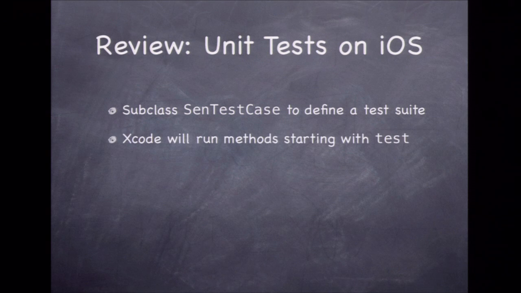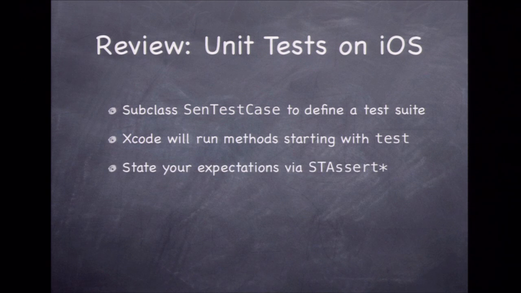And then for every unit test you want to define, you make a method that starts with test. You can make these methods really short, really sweet. And the unit testing framework will run all of the methods in your SenTestCase subclasses which start with the word test. Pretty simple. And in those methods, all you have to do is say what you want to see.